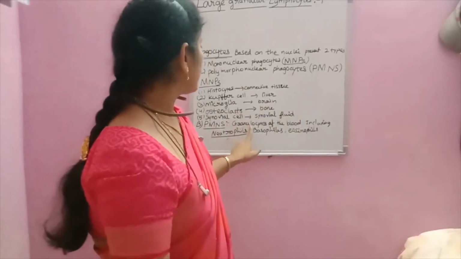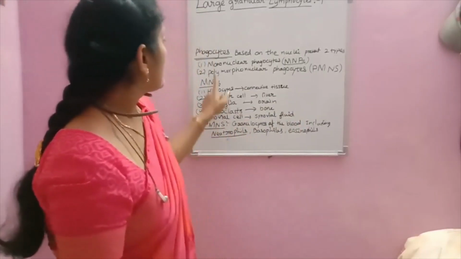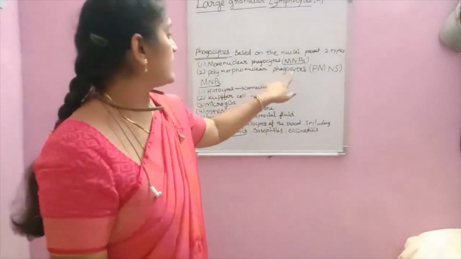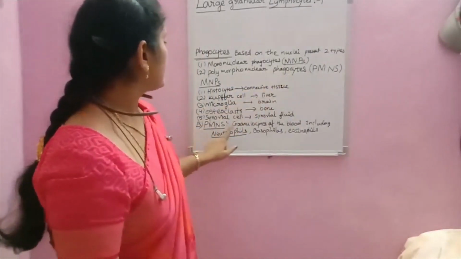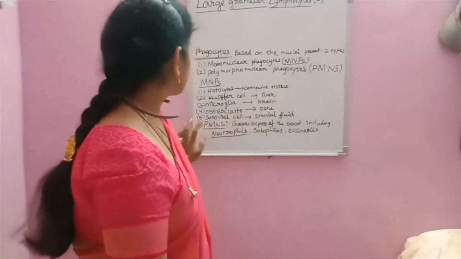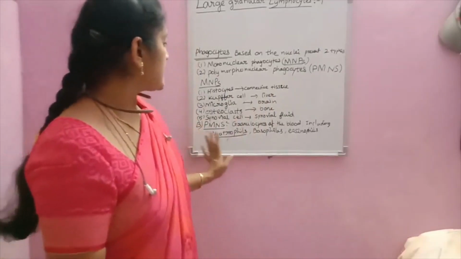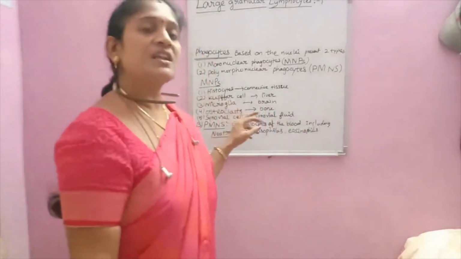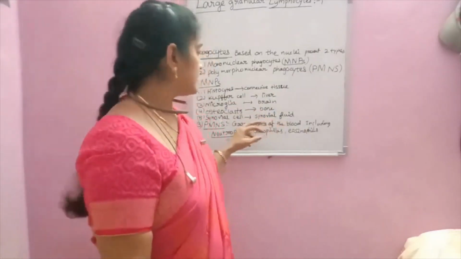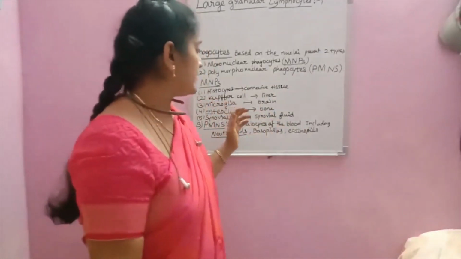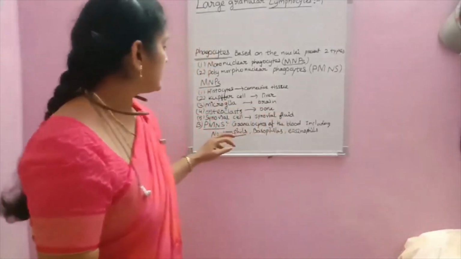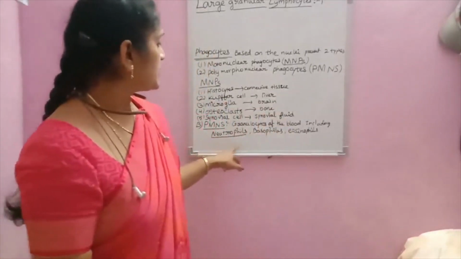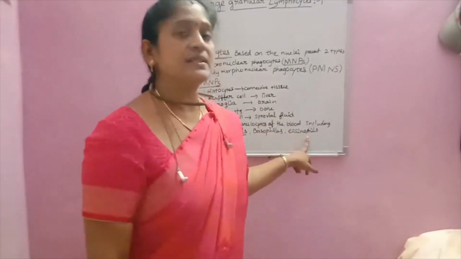So the next one is PMNs, known as polymorphonuclear phagocytes. These are the granulocytes of the blood. In the composition of blood, you will get the neutrophils, basophils, eosinophils, and platelets.